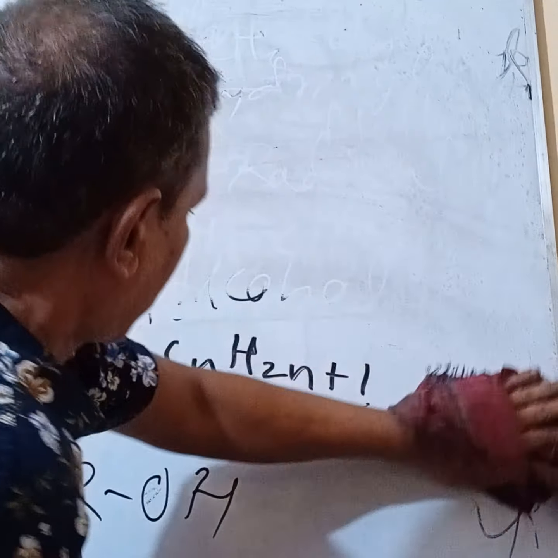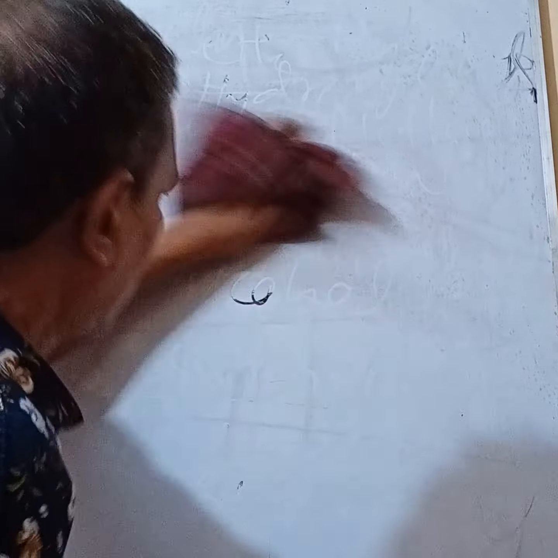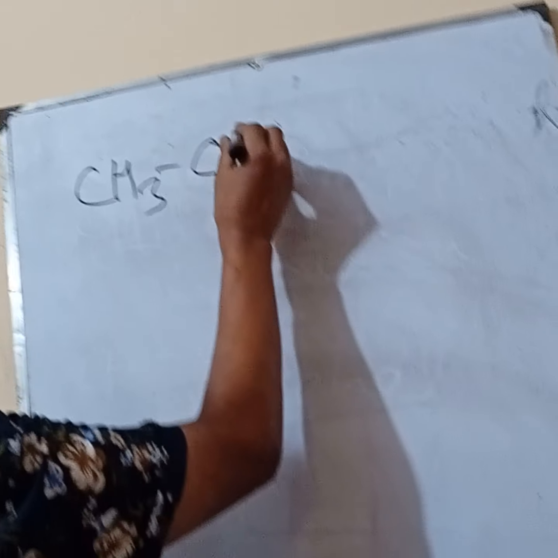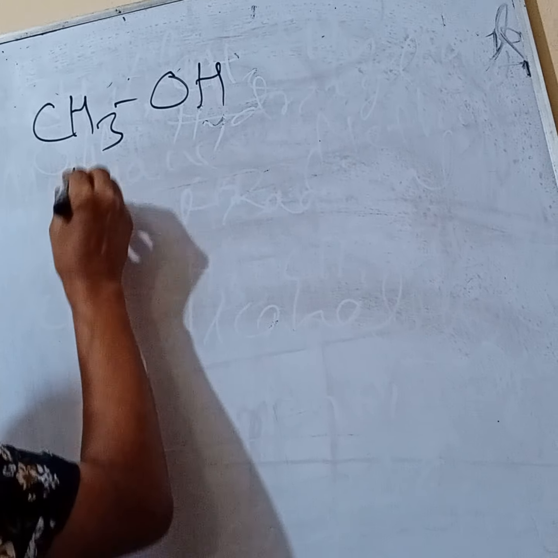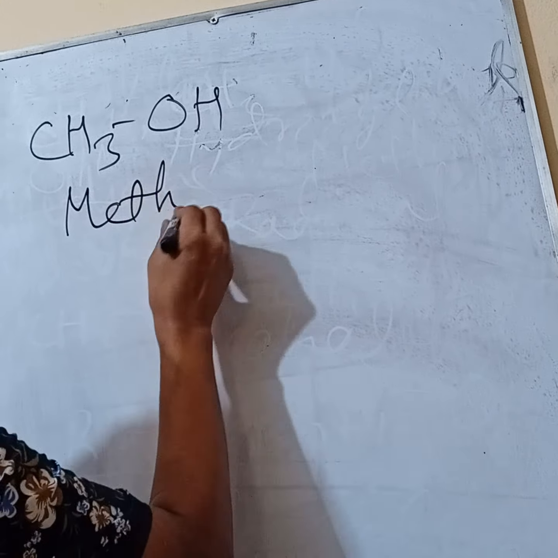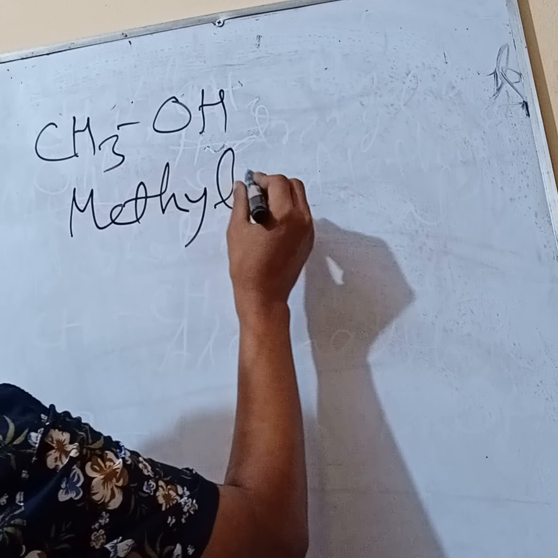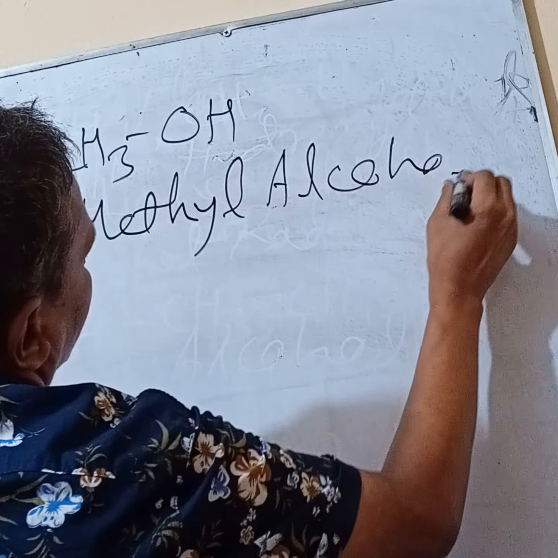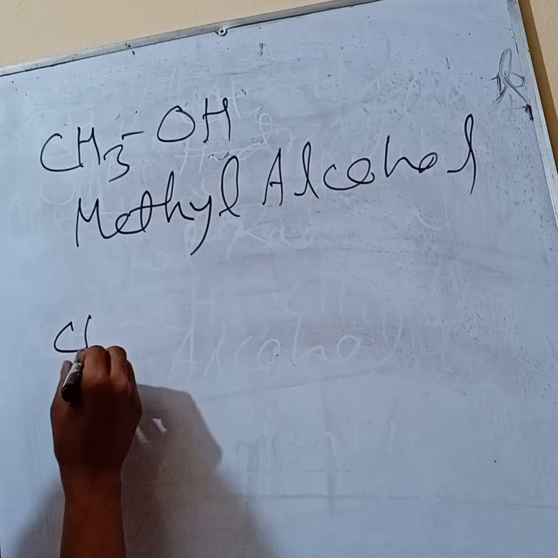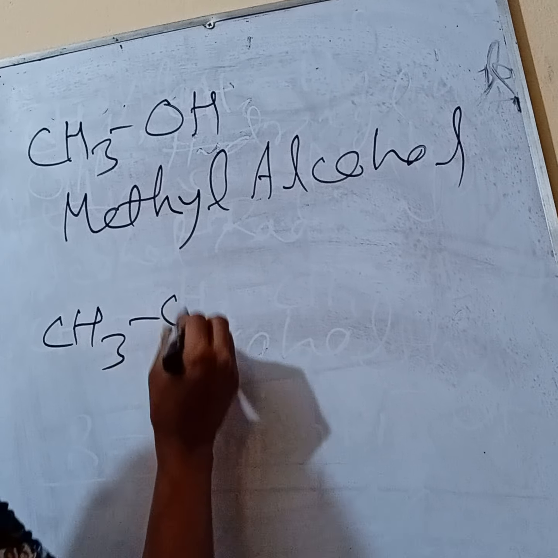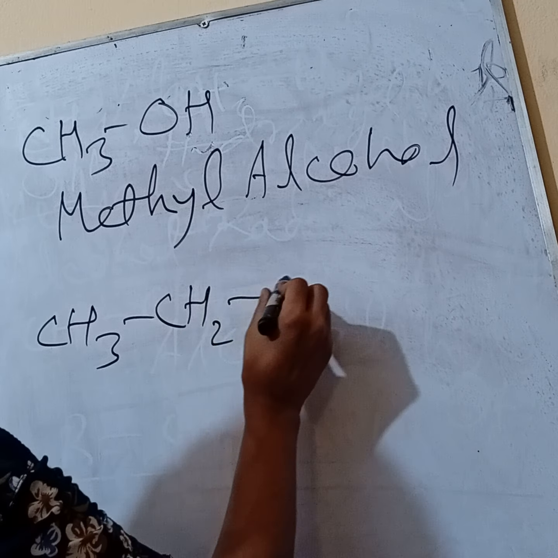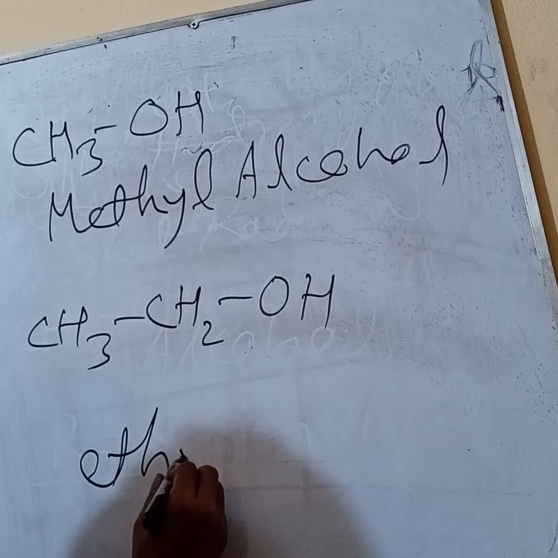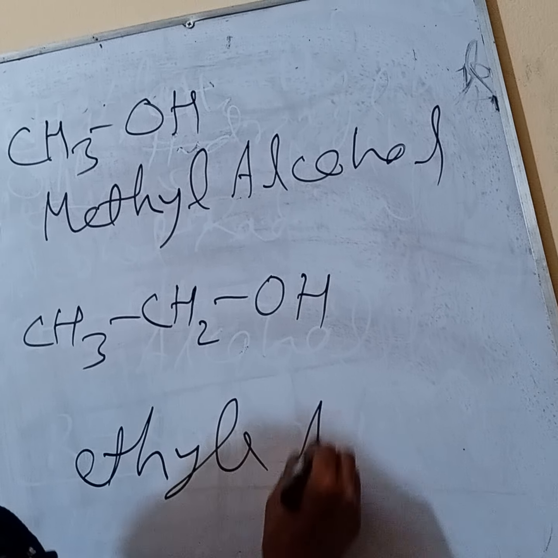Now we have to write methyl alcohol. Methyl alcohol, CH3OH.